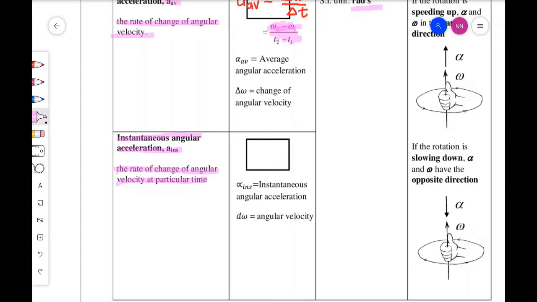The equation is alpha instantaneous equals d omega over dt.